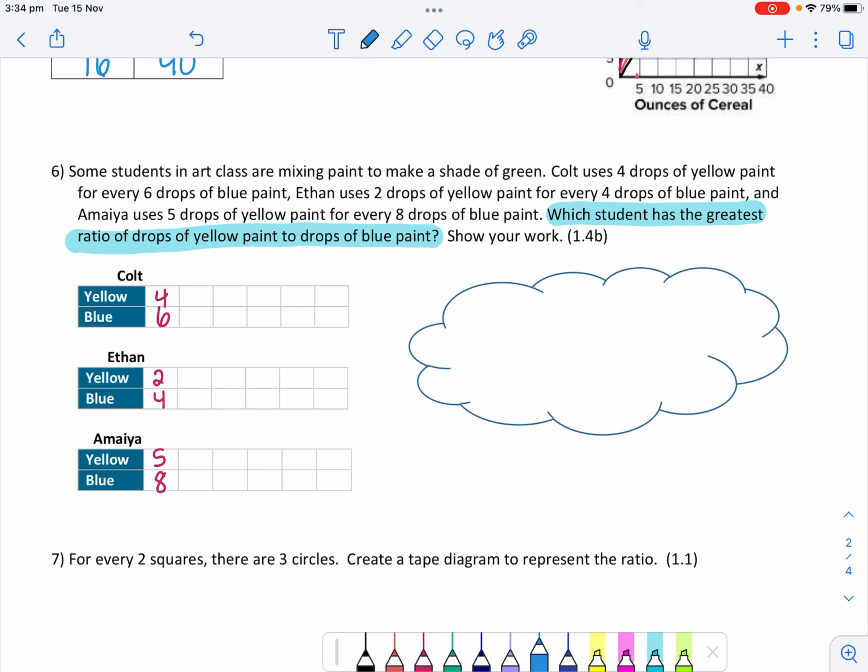So when I'm comparing them, I want to compare them when the blue paint is the same, which paint has the most drops of yellow in it.